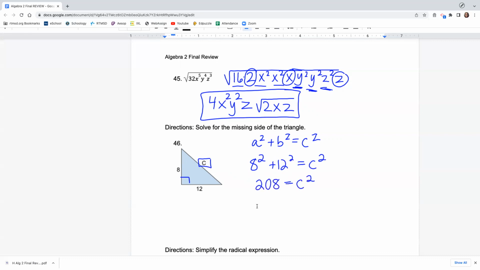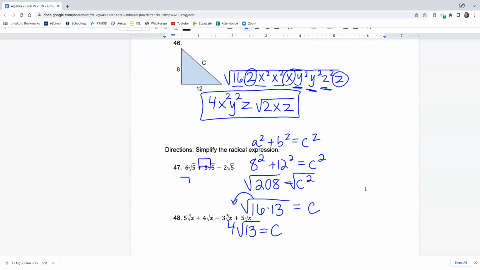So we get 208 is equal to c squared. To solve for c, you would square root it, and we're left with the square root of 208, which is not a perfect square. It has a perfect square factor. It's 16. So I'll rewrite it as 16 times 13, knowing that I can square root the 16 into a 4, and I'm left with 4 times the square root of, sorry, square root of 13.